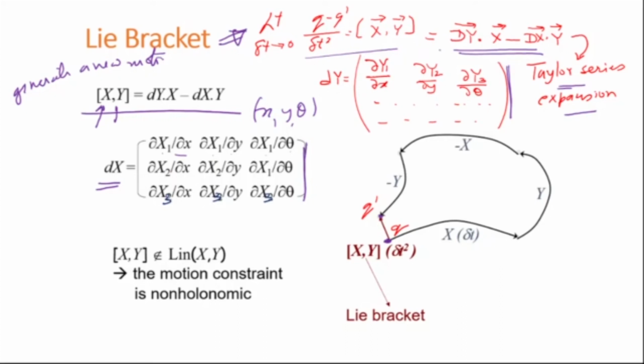That is my dx and dy. So what this is telling us is, if you have two vector fields x and y, by doing this operation, which is called the Lie bracket, you can generate a third possible motion, and successively you can generate different motions simply by taking the Lie bracket of these vector fields. That is what it is telling us.